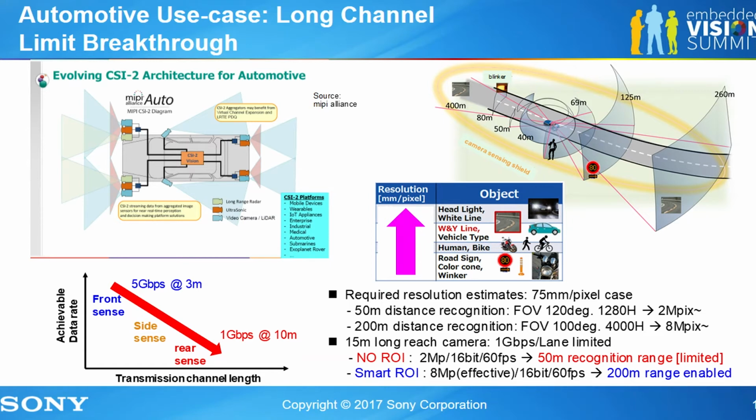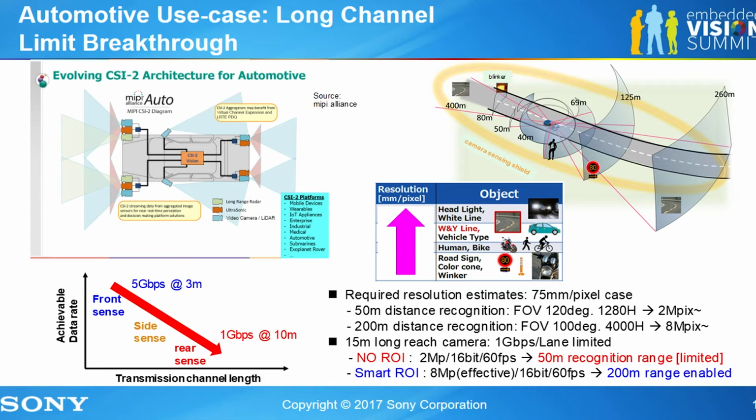And now we need to have 50 meter or 40 meter length of channel for the case of autonomous vehicles, and of course the limited bandwidth. But at the same time, we need a wider range of recognition to avoid any collisions. So we need to detect any object far from you, like 50 meter or 200 meter ahead.